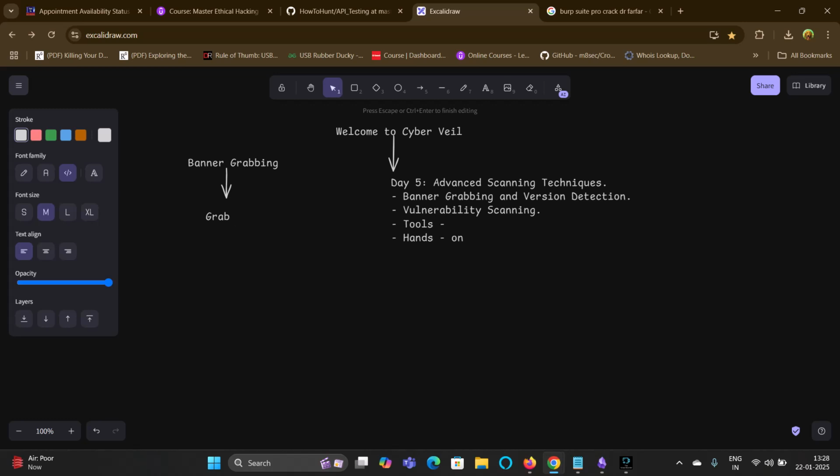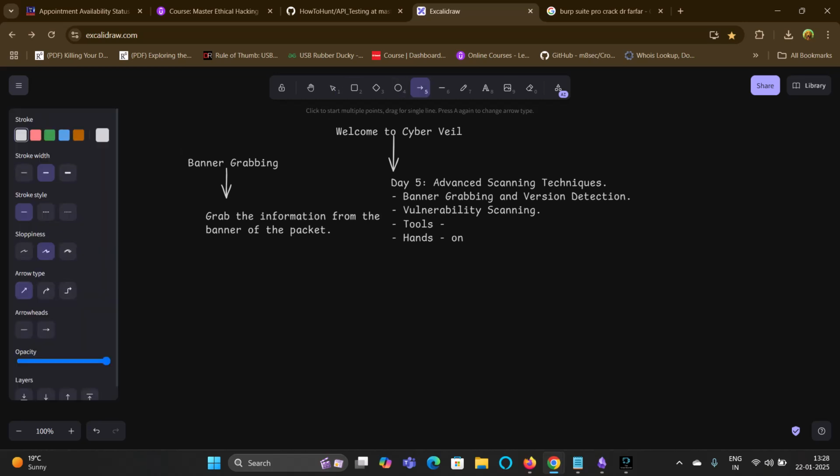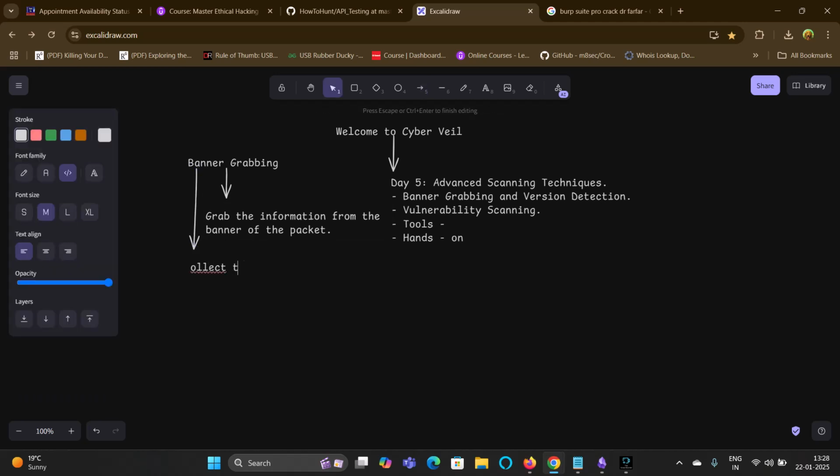So banner grabbing is basically to grab the information from the banner of the packet. As we all know, data is transmitted from one end to another through packets. So the task of banner grabbing is to collect the information.